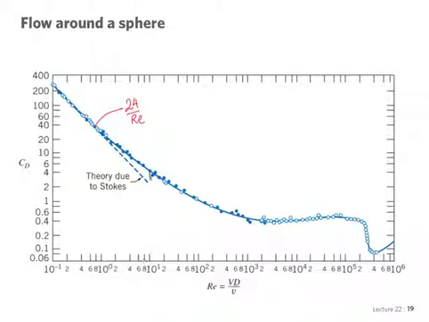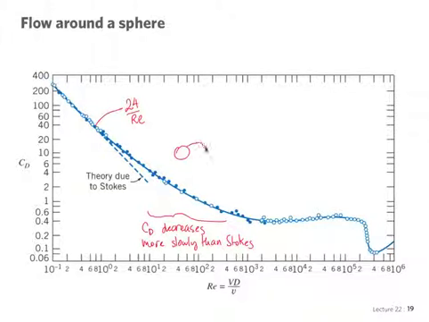From this section over here, the Reynolds number continues to increase. The CD continues to decrease, but more slowly than the case of Stokes. And we have separation behind the sphere.